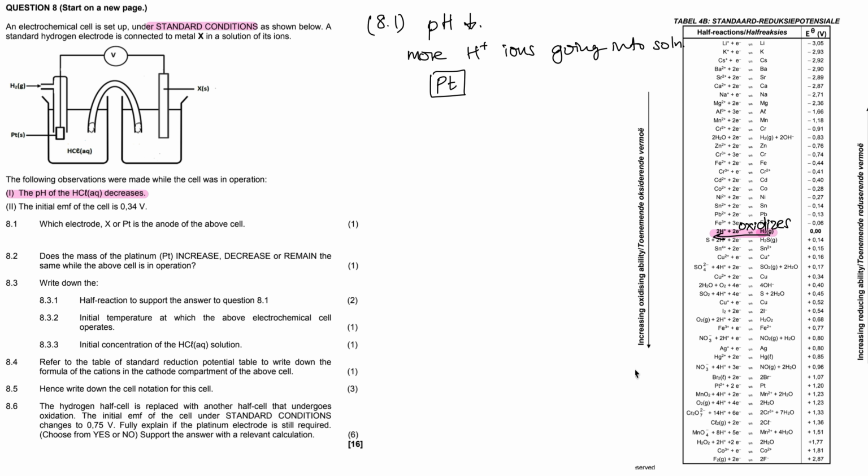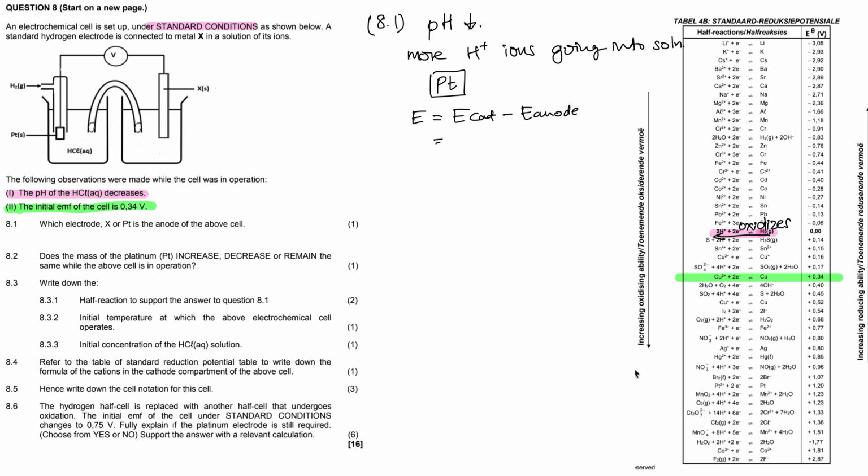Of course, there is a different way you could do it. You could use the EMF route. You could say, okay, the EMF is 0.34. So you can say EMF is going to equal E of the cathode minus E of the anode. Now, the only way that we can get 0.34 is if we use Cu. There's Cu here, let me highlight it. So this one and the hydrogen.